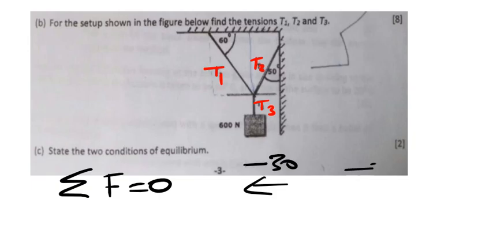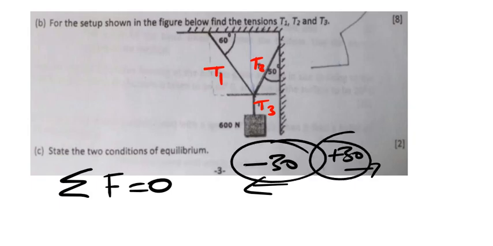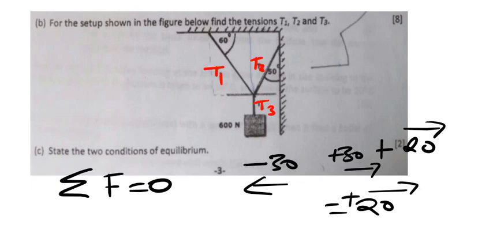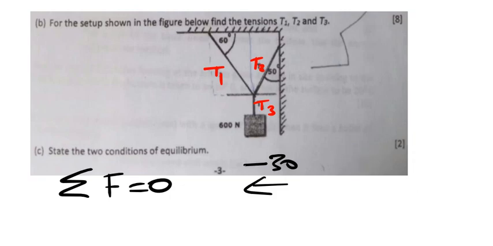You have another force acting in the other direction, positive 30. All the forces in this case give us 0 when you add them. But if we have another force, let's say a 20 also in this direction, the net force when you add all of them is just 20 in that direction, which is positive. There is no net equilibrium here. So for you to achieve equilibrium, all the forces must give you 0.